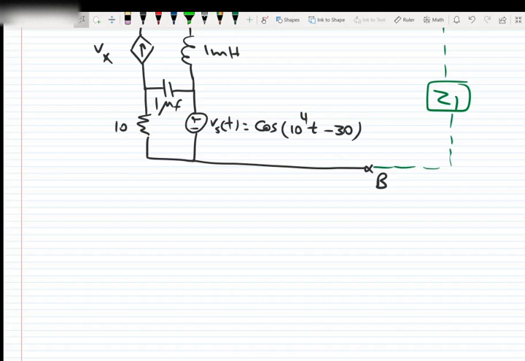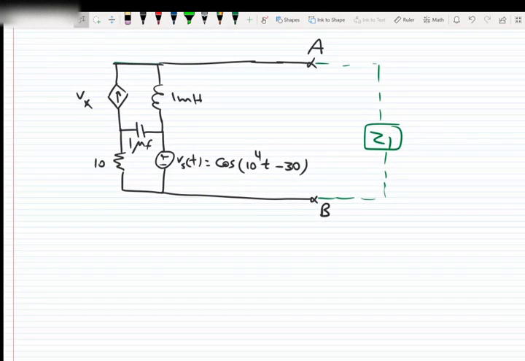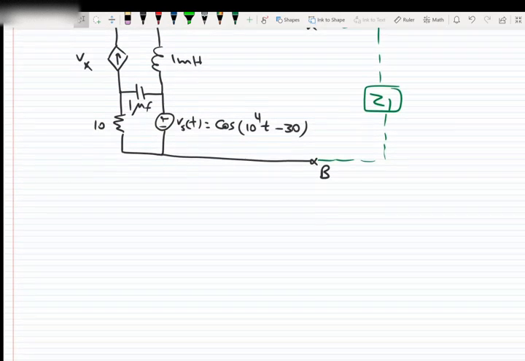First we find Thevenin for this circuit.